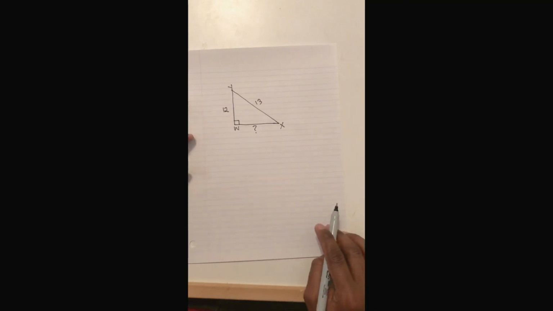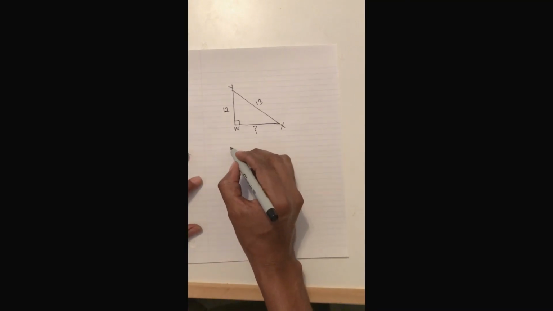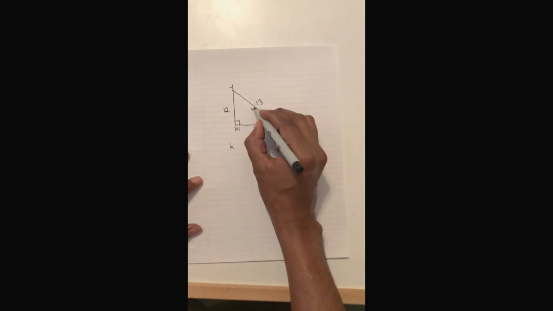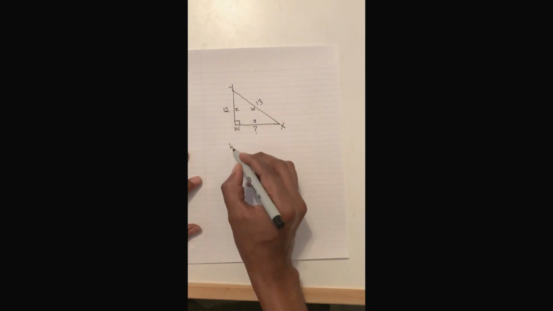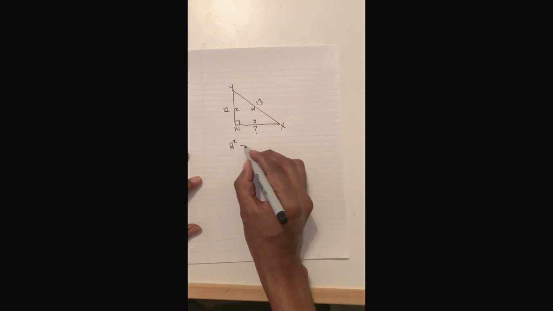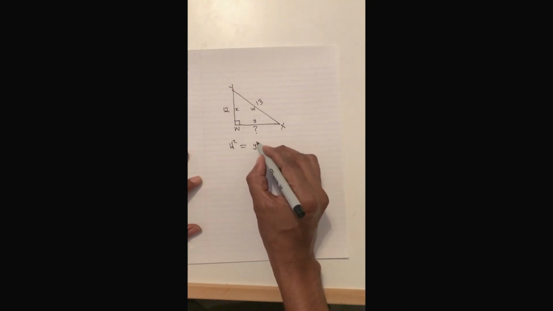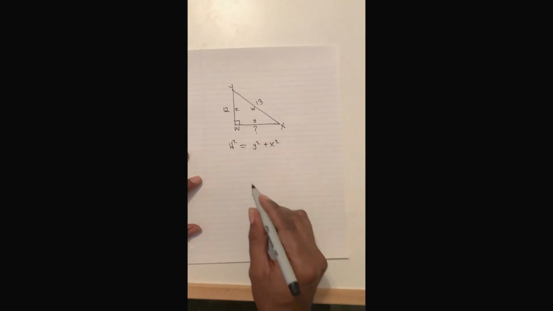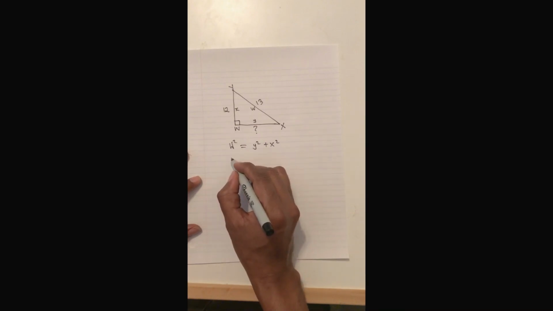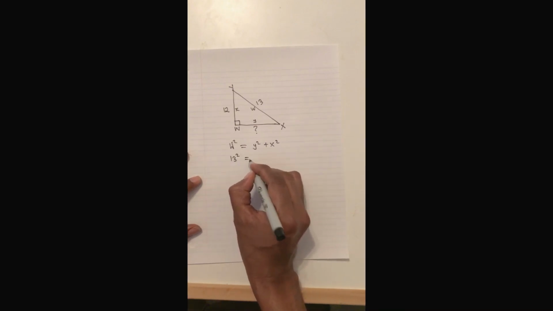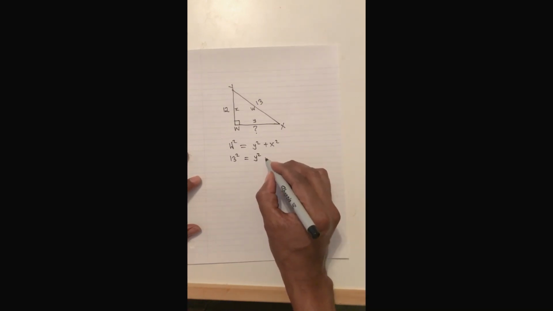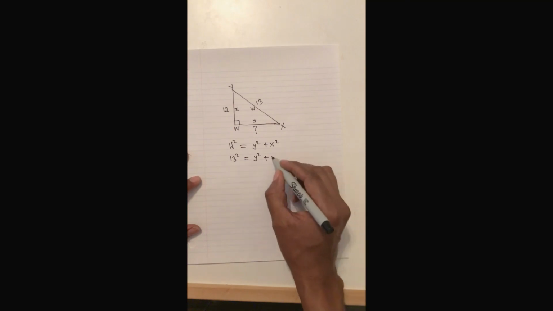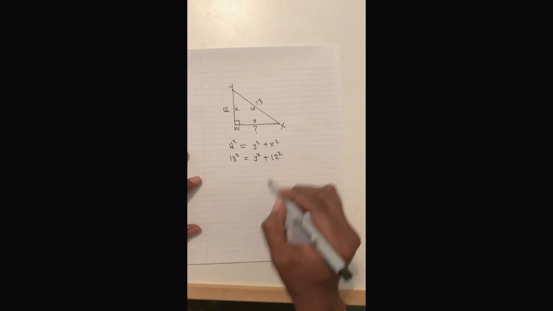We still use the same principle where we say hypotenuse squared, let's say W here is small y, and this is small x. So w squared is equal to y squared plus x squared. If w is 13, 13 squared is equal to y squared, which is what we are looking for, plus x, which is 12 squared.